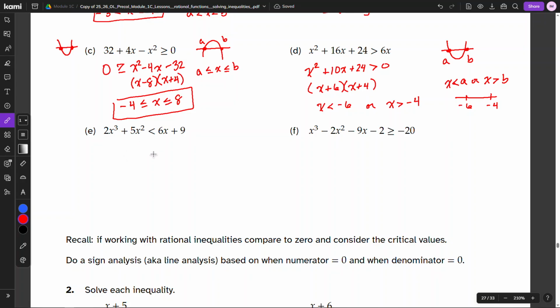So here we have a cubic function. Let's compare it to 0 once again. So I have 2x³ + 5x² - 6x - 9, and that needs to be less than 0.